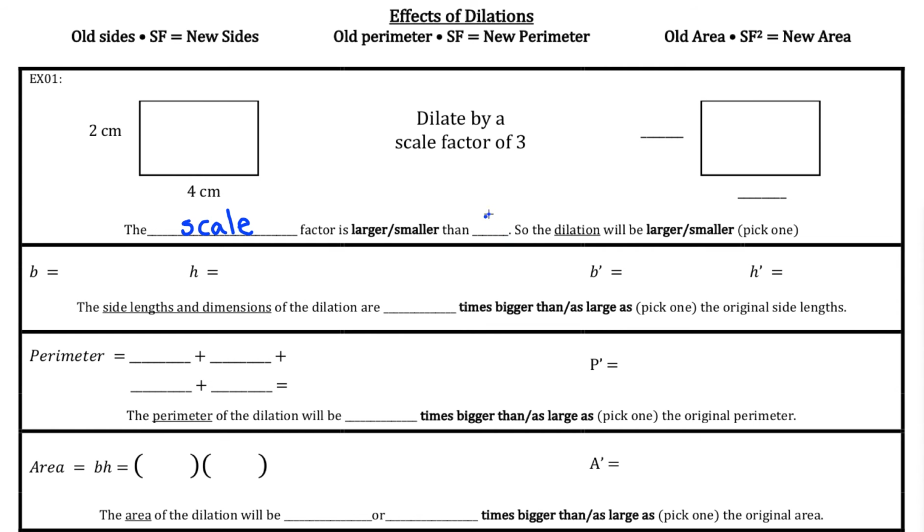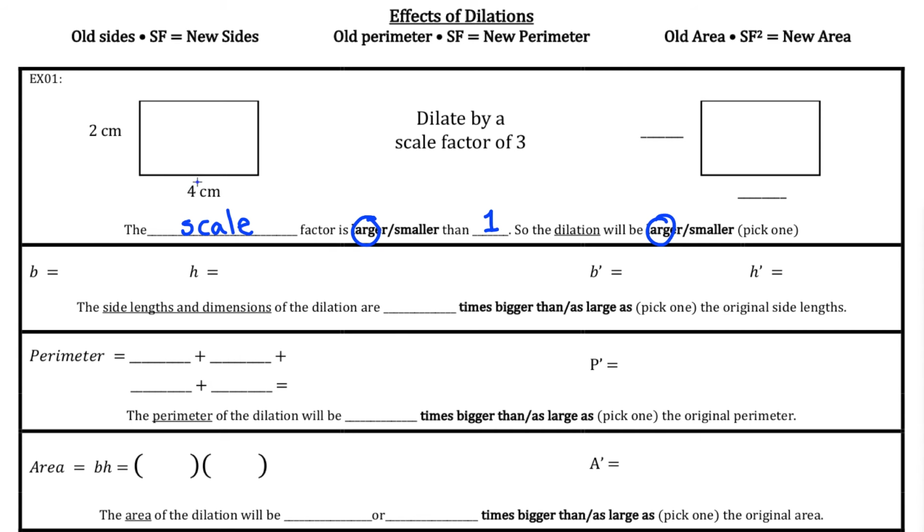Is 3 larger than 1 or less than 1? It's larger than 1. The scale factor is larger than 1, so the dilation, the new one, is going to be bigger than what it was.